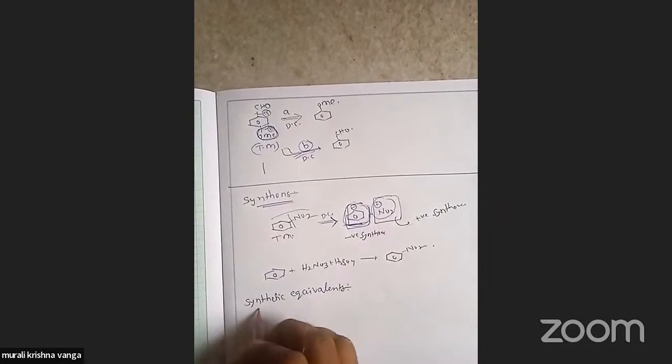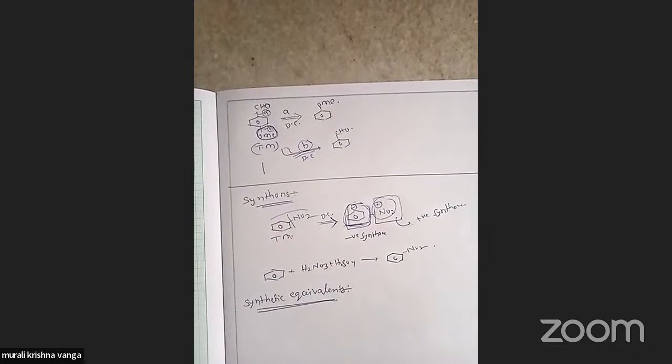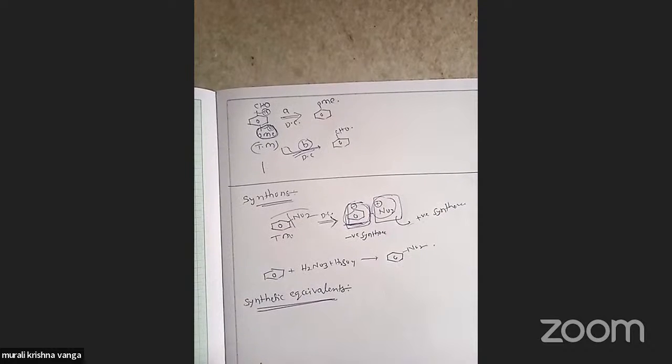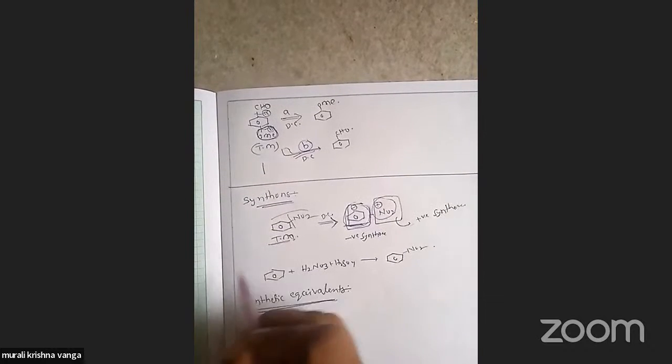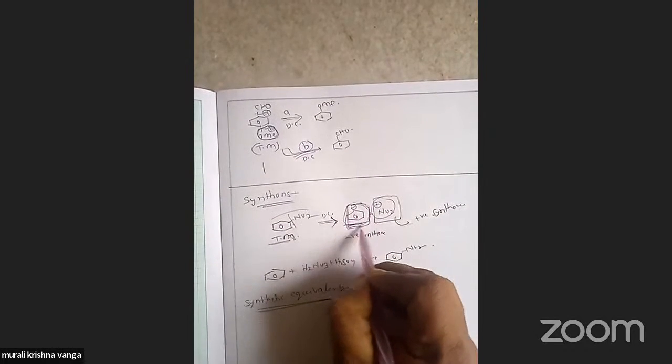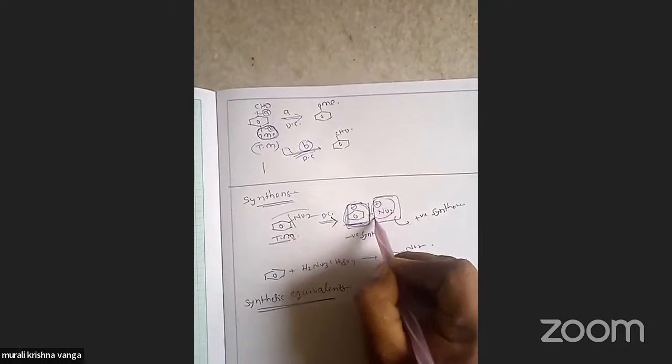Synthetic equivalents: a substance which can generate the synthons and carry out the function of synthons is called a synthetic equivalent. When this target molecule undergoes disconnection, it gives a negative synthon and a positive synthon.